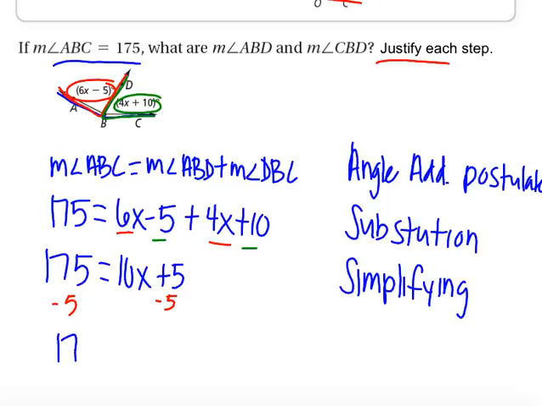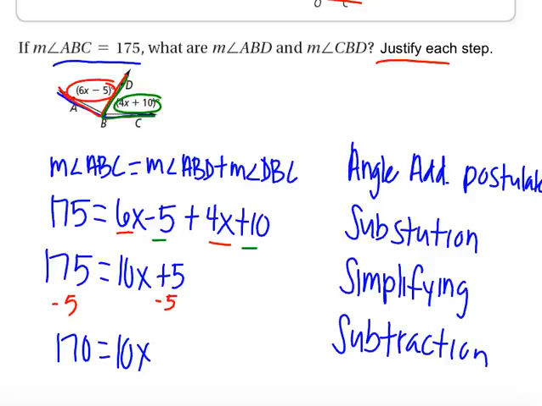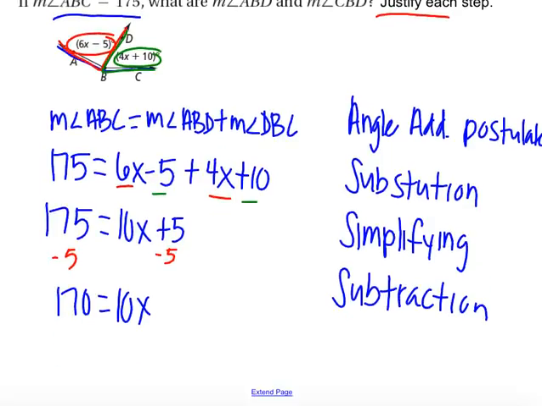So we're left with 170 equals 10x. That was subtraction. And lastly, divide by 10. 170 divided by 10 is 17 equals x. And that is division.